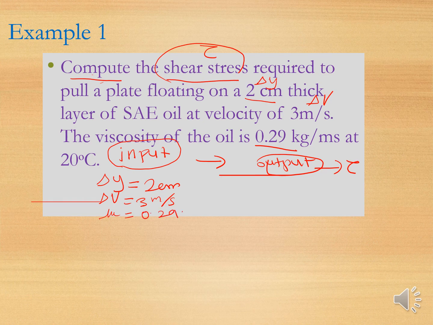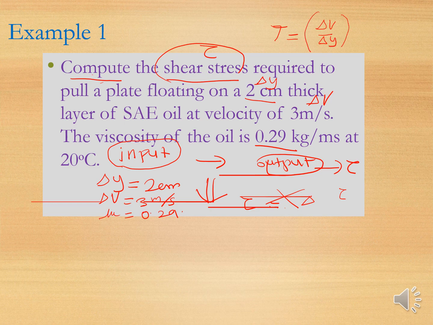So how can you determine the shear stress? We know from the formula that shear stress equals the velocity gradient, which is delta V over delta Y, times the dynamic viscosity.